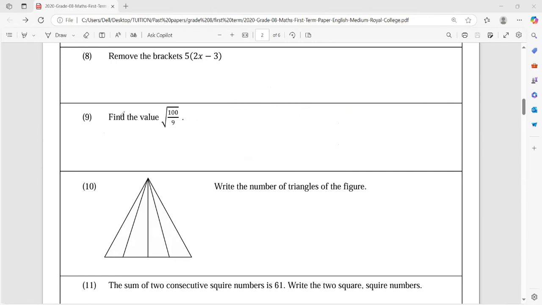And here you have to find the number of triangles in the figure. There are 1, 2, 3, 4. So if you have 4 small triangles, the number of triangles equals the 4th triangular number.